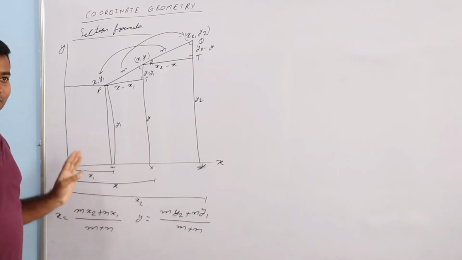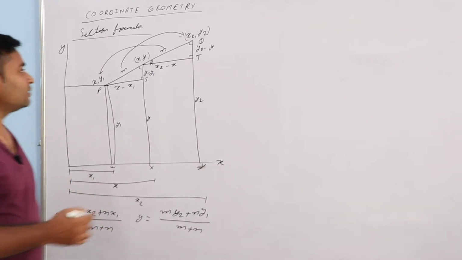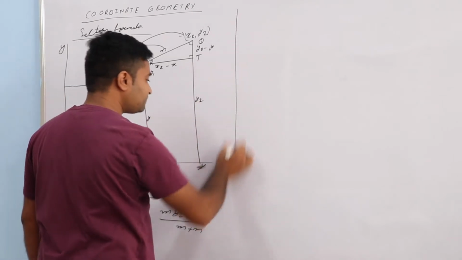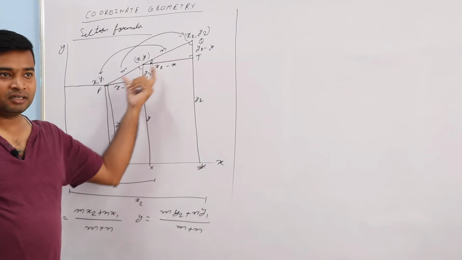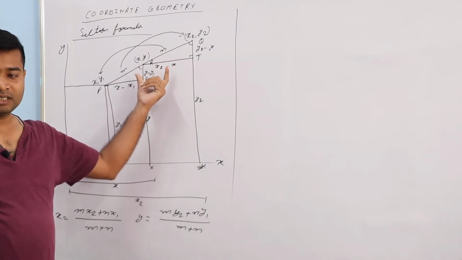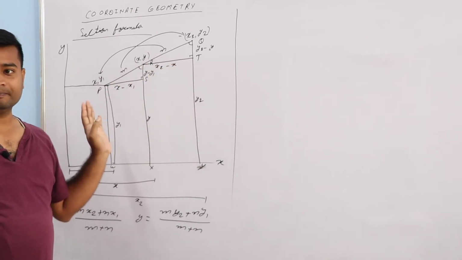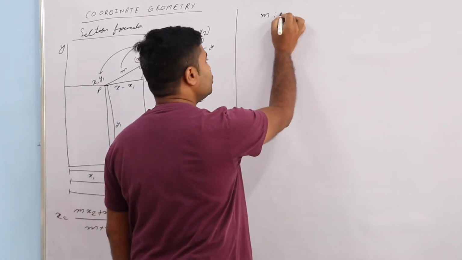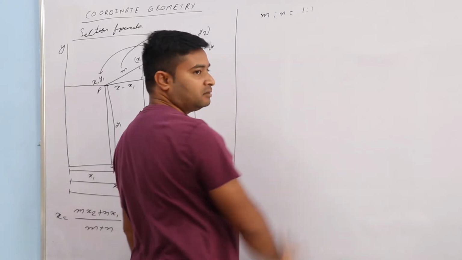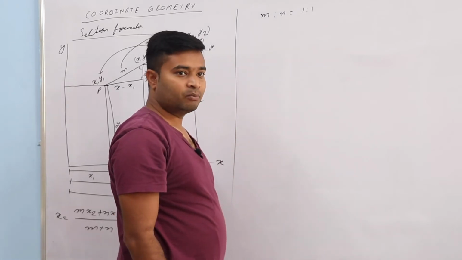Okay, this one understood? Now in this one more condition is there. If m is to n is the same, means m is to n is 1 is to 1, both are equal.